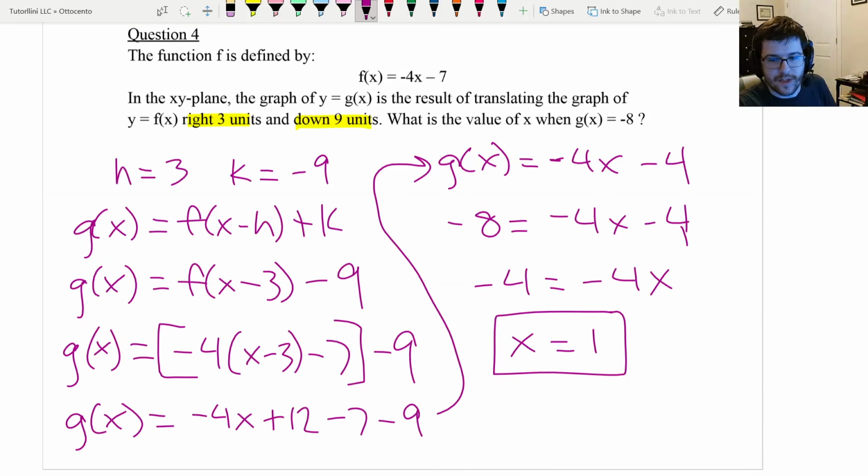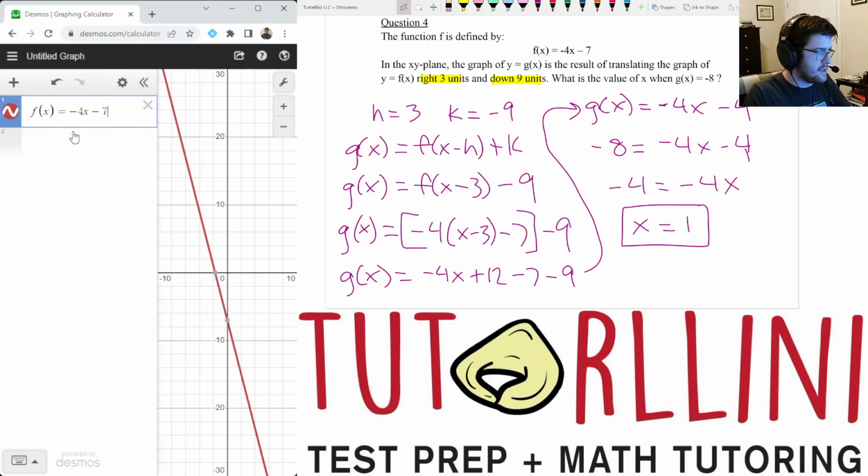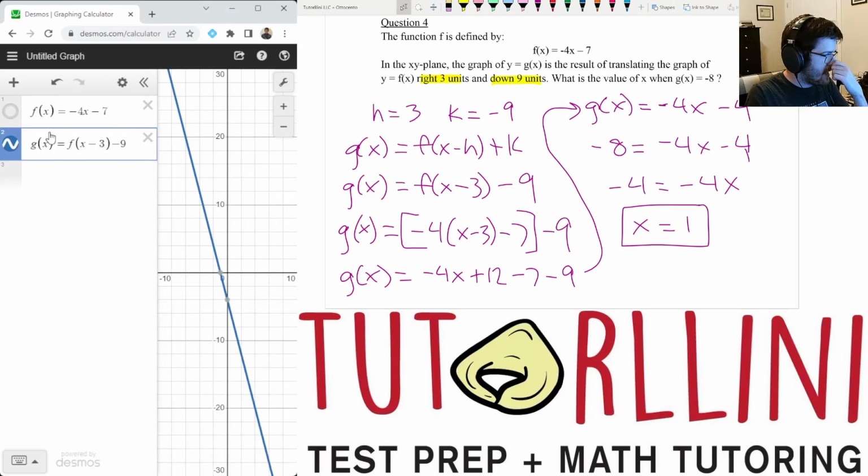Let's check it using Desmos. So f of x equals negative 4x minus 7. Let's first do g of x equals f of x minus 3 minus 9. Unhighlight f of x because we don't care about him anymore.